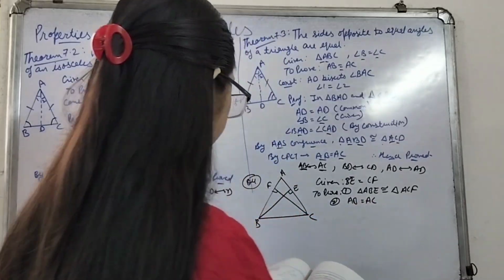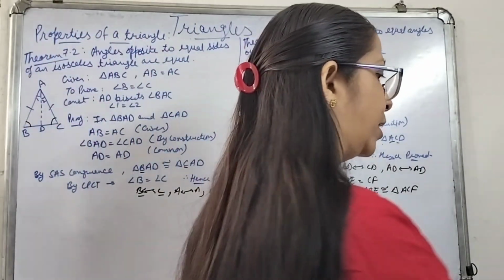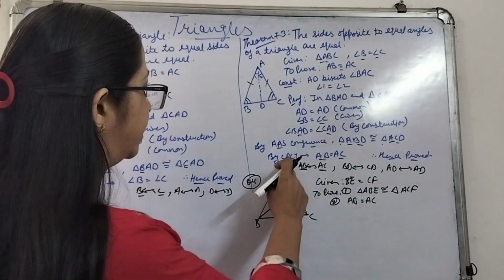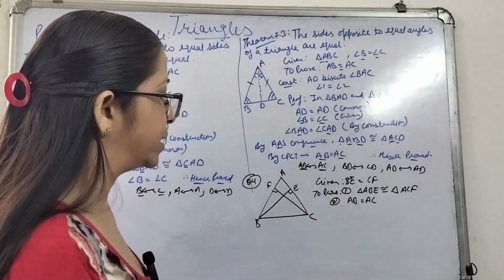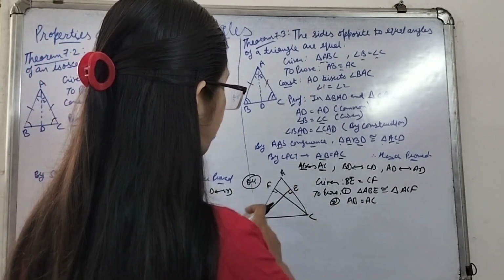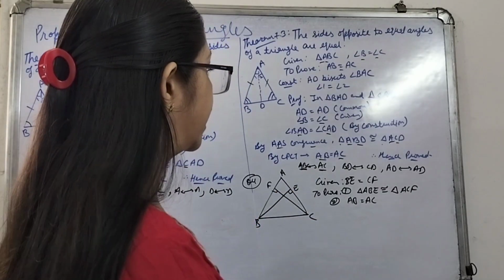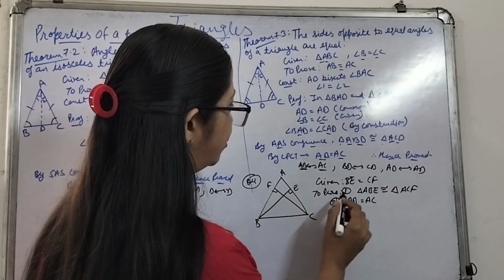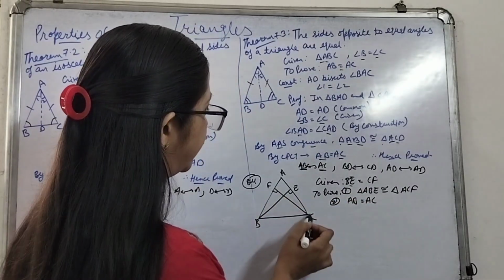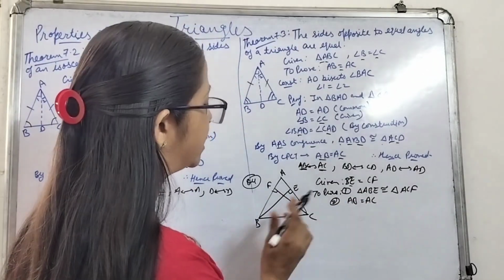That means we have to prove ABC is an isosceles triangle. Now see over here, first of all a triangle ABC is given. CF is the altitude on the side AB and BE is the altitude on the side AC. It is given to us that these altitudes are equal, BE is equivalent to CF.